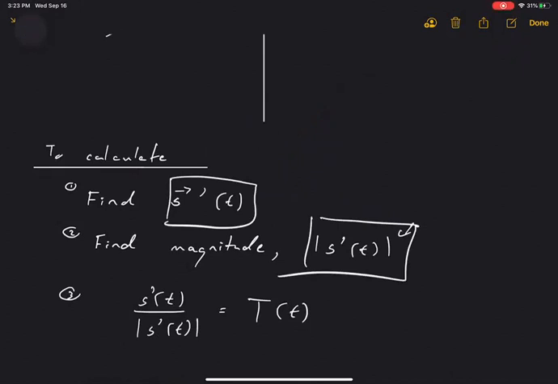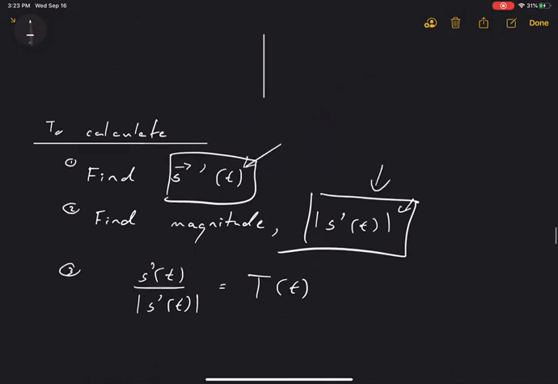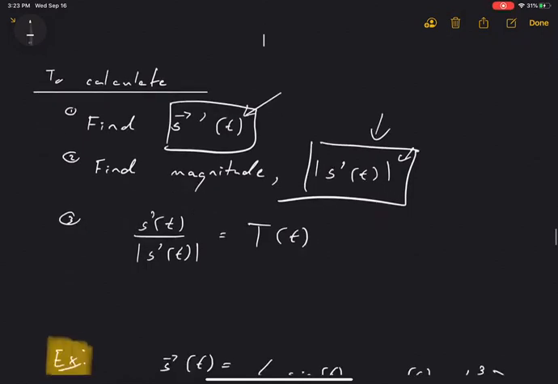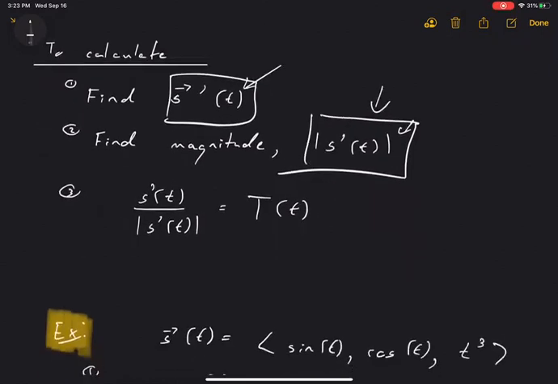Remember from, I believe, section 12.2, this is the idea of a unit vector, right? If I take my vector and divide it by its own length, that's going to give me a vector that points in the exact same direction but has length 1. Okay. So in the case of the tangent vector, that gives me the unit tangent vector.